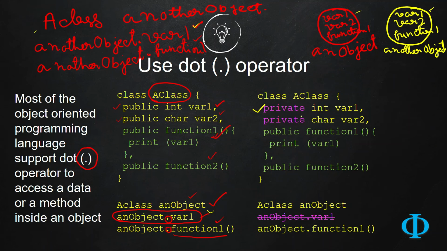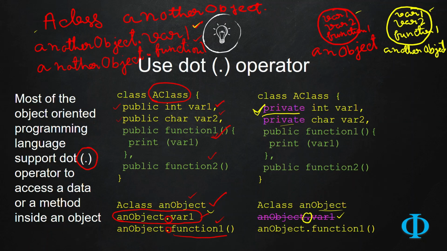So whenever we use the private keyword before any variable, you cannot use this dot operator to access that variable or member. That is one of the very important concepts of object-oriented programming. If you use private here, you cannot directly access it through the dot operator of an object. You will get an error in this line.